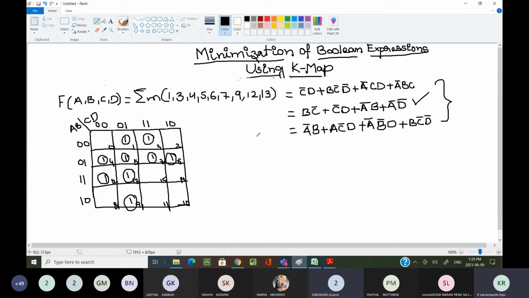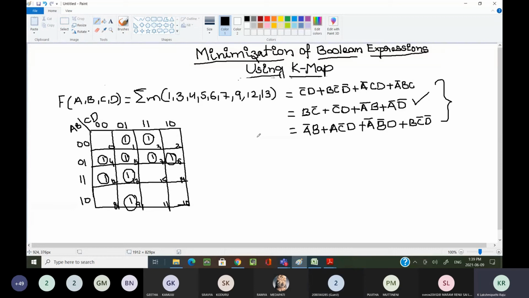Can I form a quad? Yes, sir. By seeing the map clearly, I can form a quad. Now, how many quads can I form? That is also a very important consideration in this kind of problem.